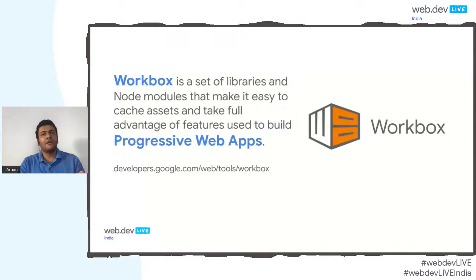When you want to write some code for your progressive web app, utilizing these libraries makes your life easier, because the people who created them have already tested a ton of things, have run through the benchmarks of whatever is needed, and have released it openly for you. So here's the link: developers.google.com/web/tools/workbox, or you can just go to Google and type Workbox for PWA, and it will show up.